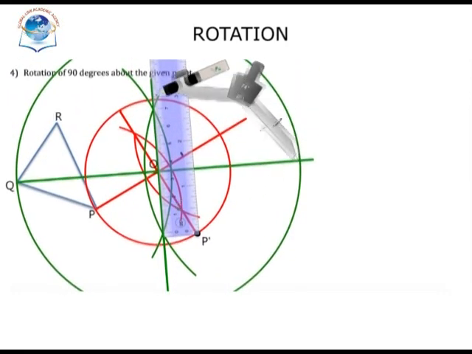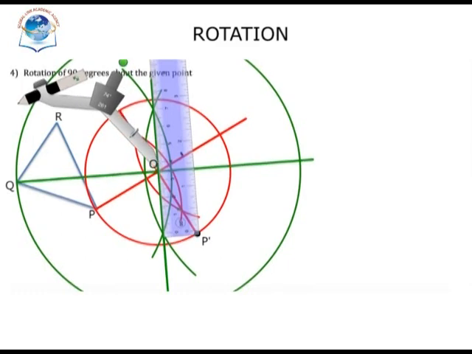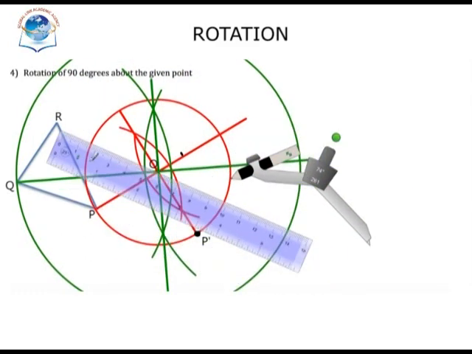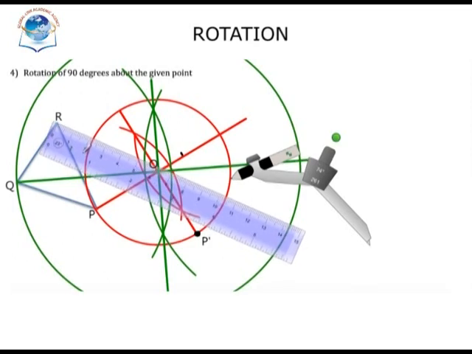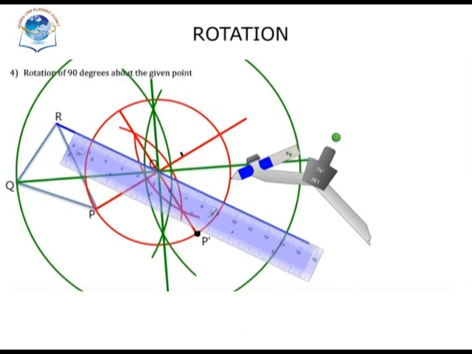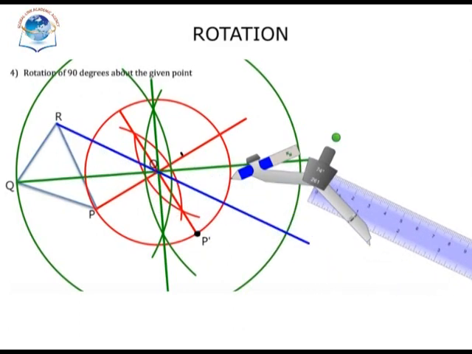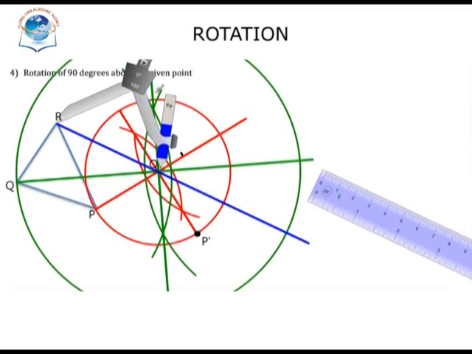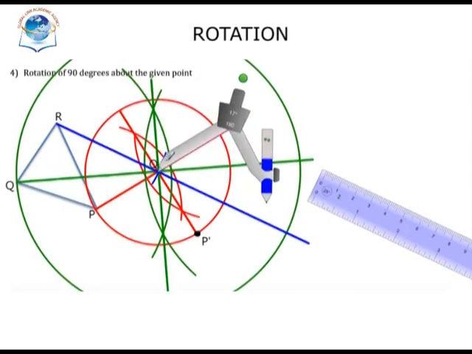And to our third point, take this away first. We join R to the center O. And then take that distance. It will be our radius. We come here and draw the circle.